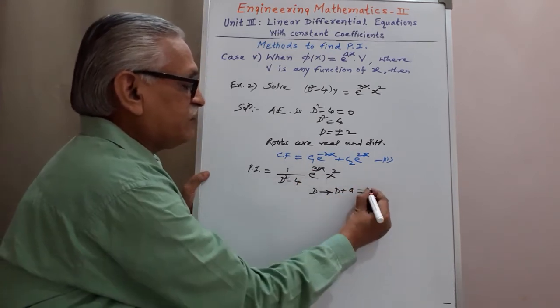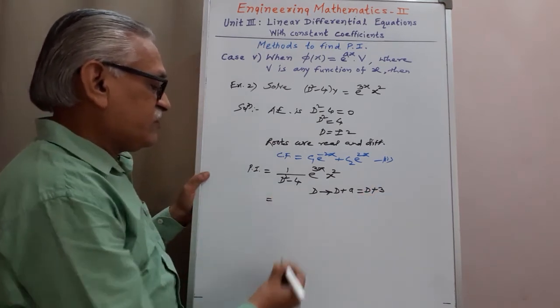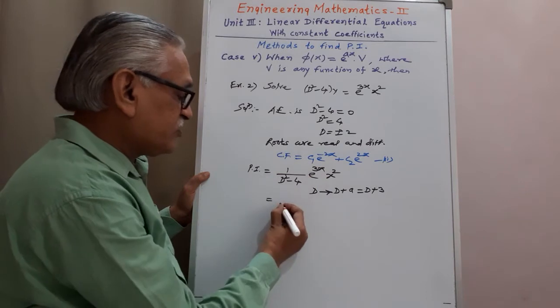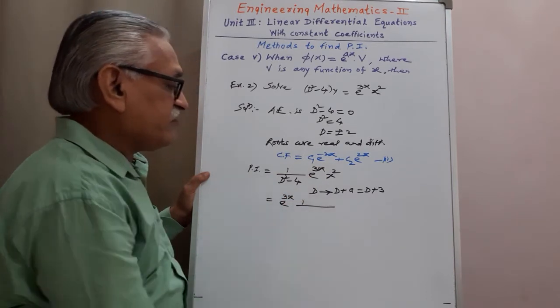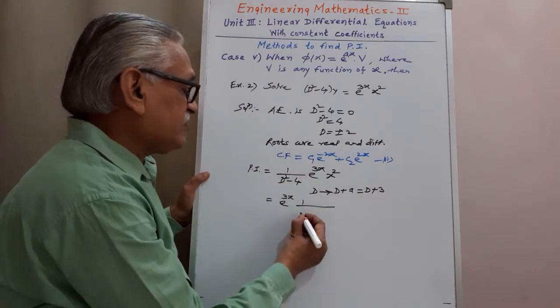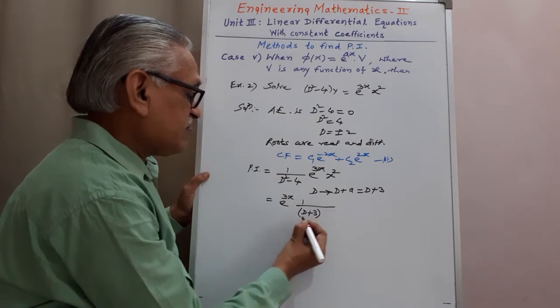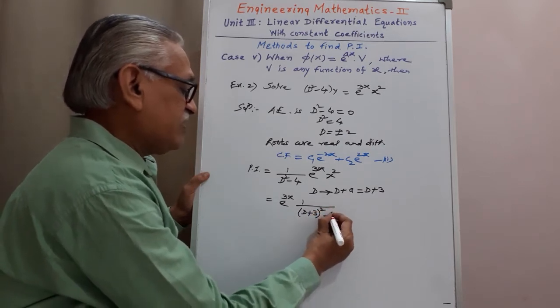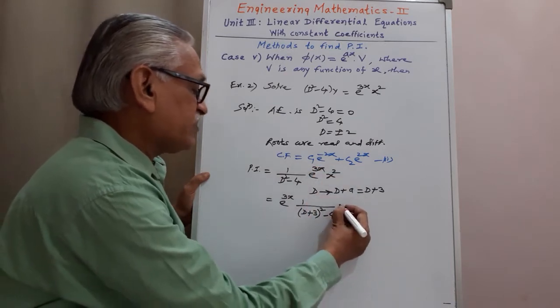Here a is 3, and therefore D is replaced by D plus 3, and therefore it is equal to e raised to 3x, 1 upon (D plus 3) square minus 4, which we have to operate on x square.